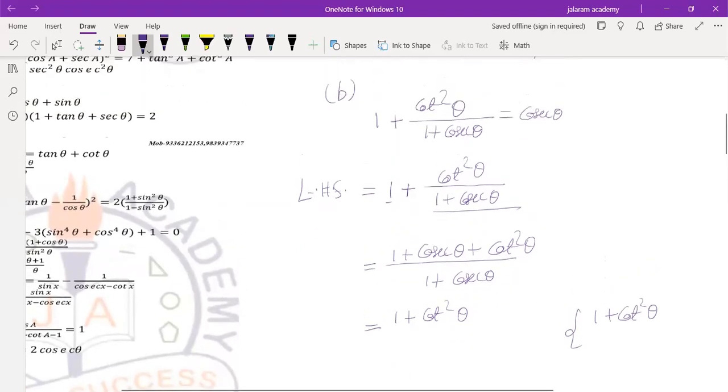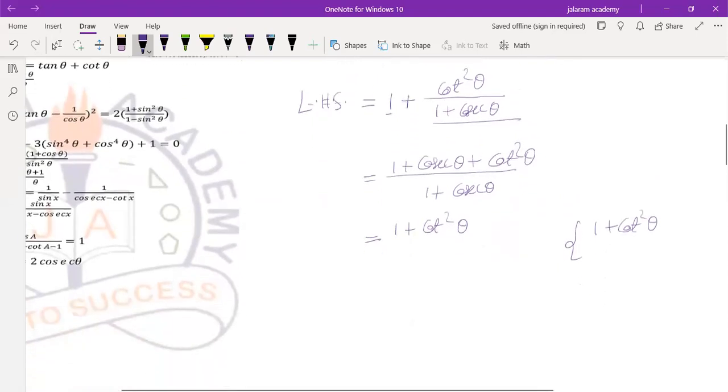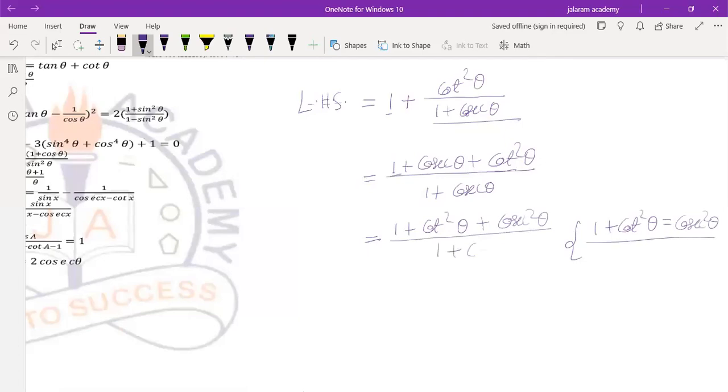We have to bring cosec theta to the right hand side. So we will bring this 1 and cot square theta together, and we know that 1 plus cot square theta is cosec square theta. It means we have to change all the terms present here to cosec theta. The best way is to write 1 plus cot square theta together, so it becomes cosec square theta, and the denominator remains 1 plus cosec theta.